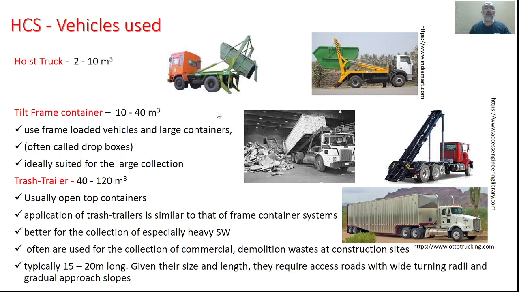So one can make use of a hoist truck, which could have a capacity of 2 to 10 cubic meters. The way you see here, the truck is equipped with hoisting cables and pulleys so that the container will be hoisted, housed, and hauled.